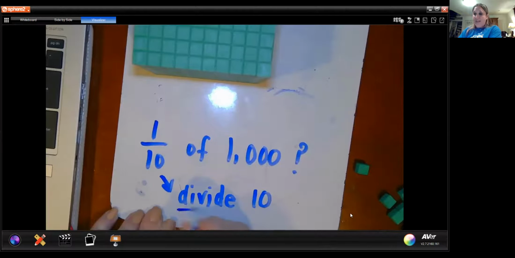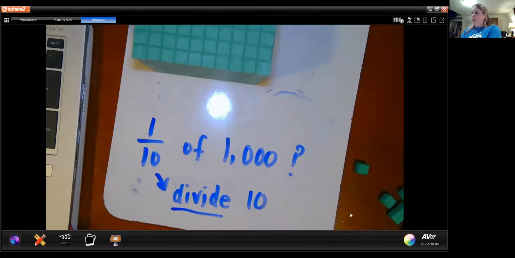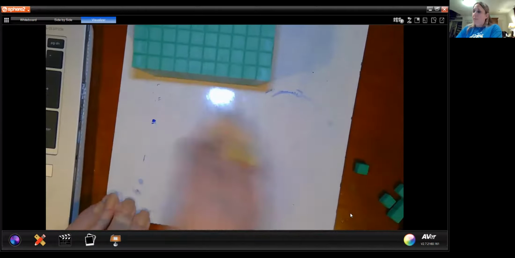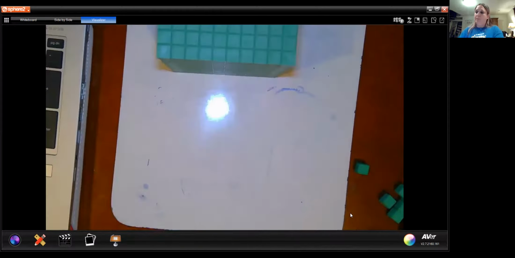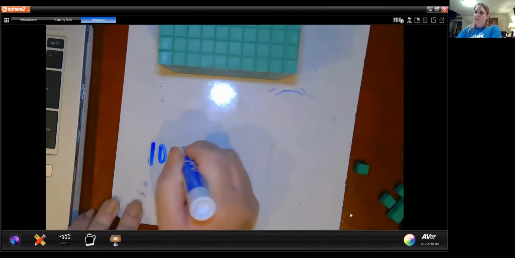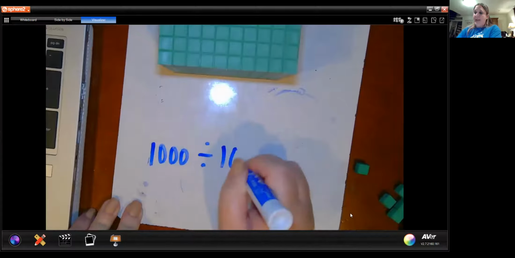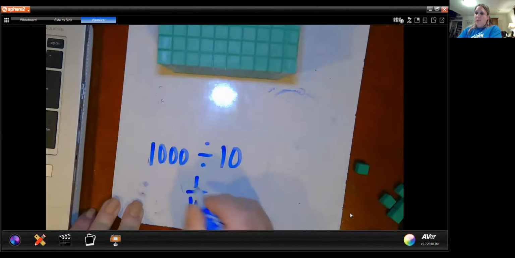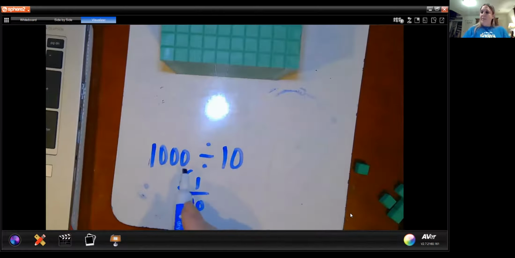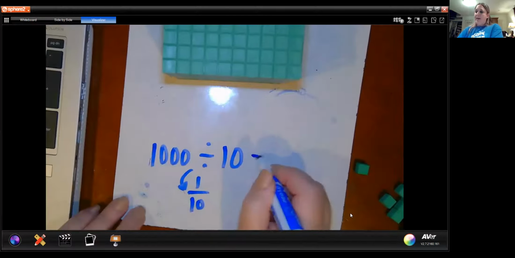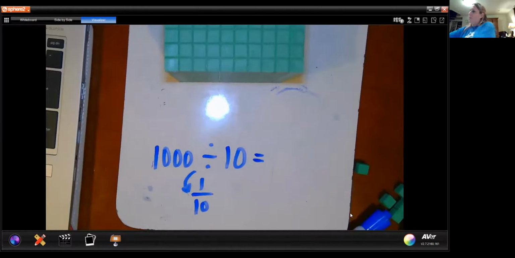To divide by 10. So if I take my big thousands cube and I divide it by 10, remember that's the same thing as 1/10. Those are the same thing. If I take my 1,000 and I divide it by 10, okay, ready?